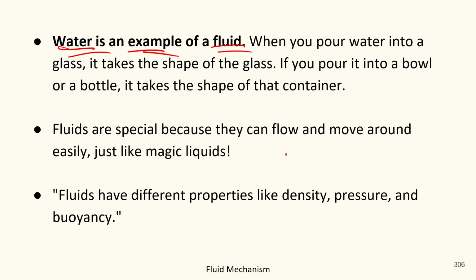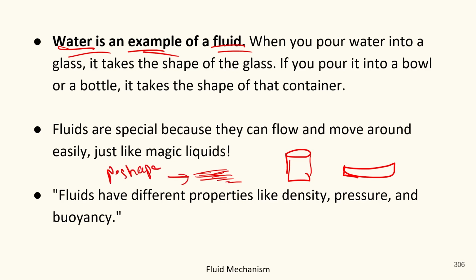Okay, so let's change the example into action. So this is the water having no shape. So if you pour it into the glass, it will take the shape of the glass.